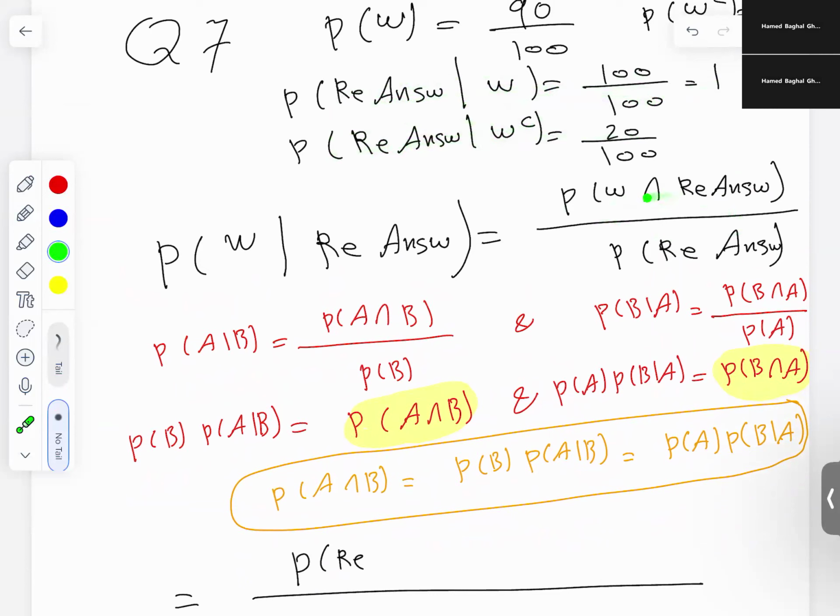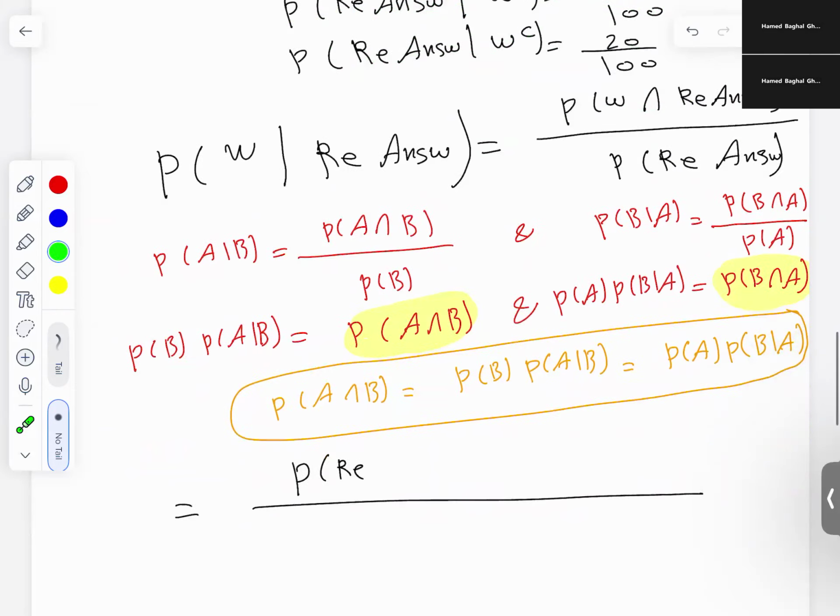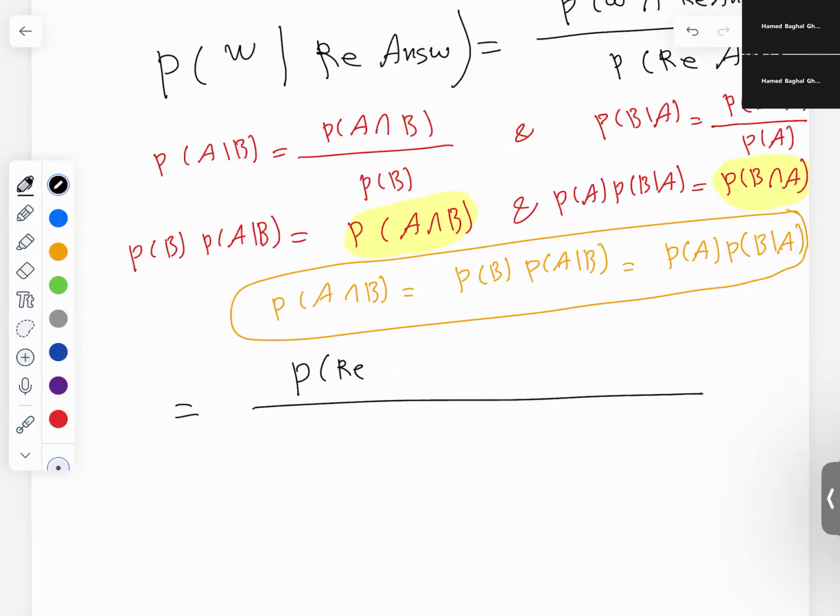And I will write this intersection as because of this first one. Condition works times probability of works. Do you understand? I wrote like this one.